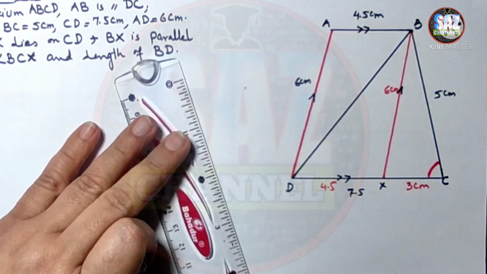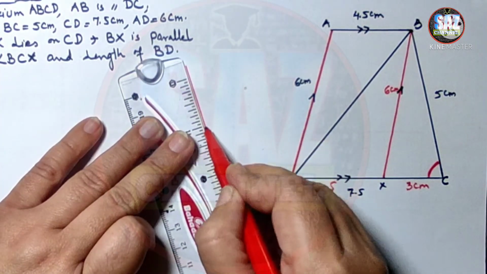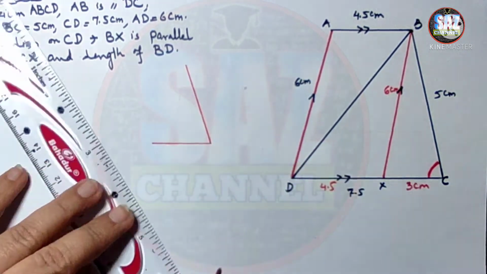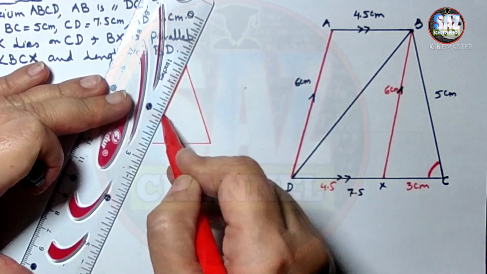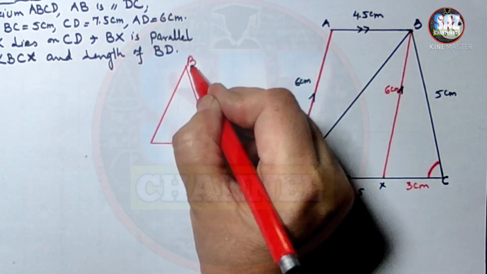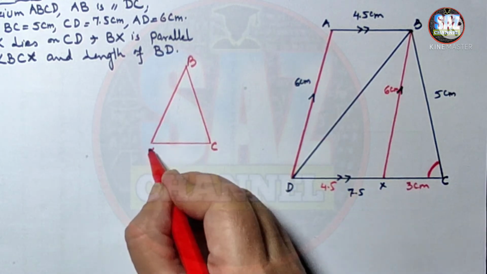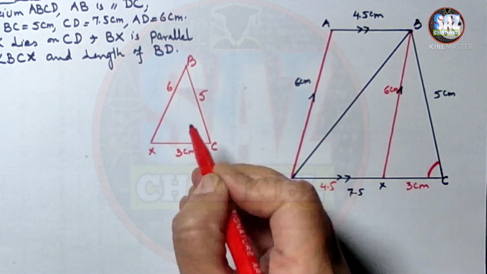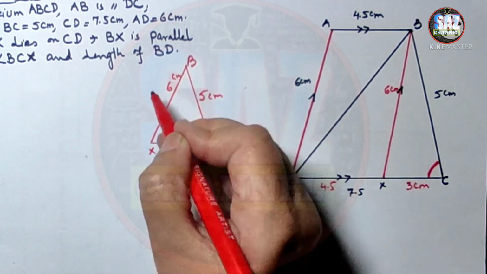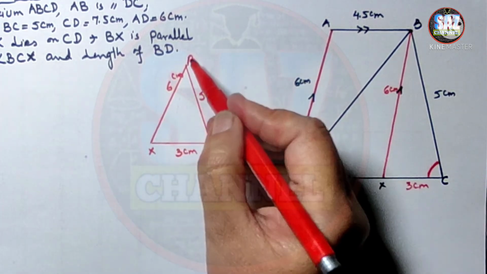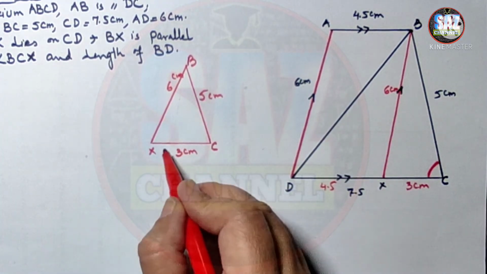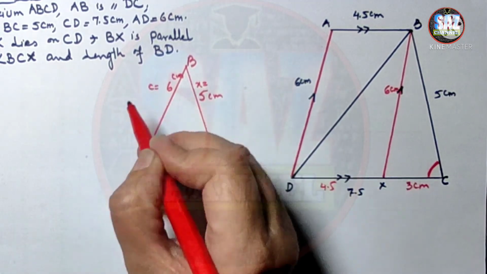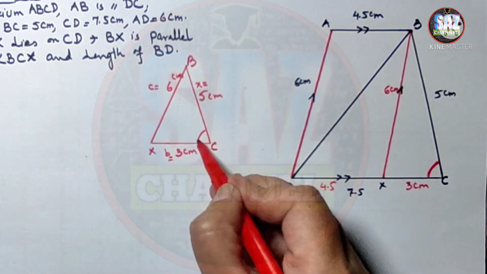This is B, and this is C, and this is X. This is 5, this is 6, and this is 3 centimeters. Now look, as this is vertex B, so this side will be B, this will be X, and this will be C. Now we have to find BCX angle.